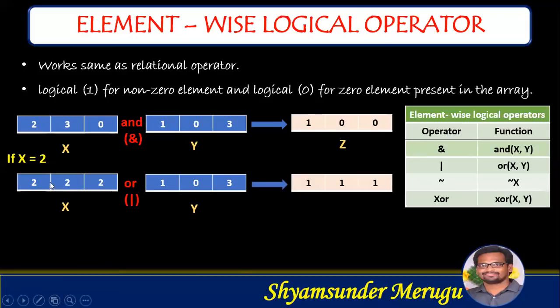If you see, the first position values of x and y are both non-zeros, so when the OR operation is performed, we get logical 1 as the output. In the same way, the corresponding elements of the arrays x and y are ORed, and we get logical 1s as the outputs, and the result is assigned to the logical variable z.